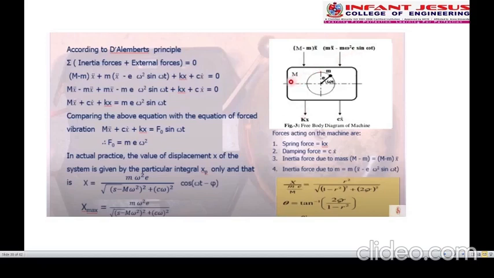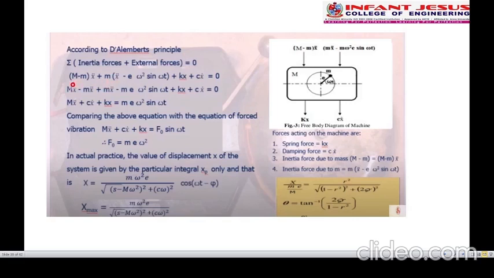Now we are going to apply D'Alembert's principle. D'Alembert's principle says the summation of the inertia force and all the external forces is equal to 0. Here you can see all the forces are in the downward direction. According to our engineering mechanics, the downward forces are taken as negative and upward forces as positive. But here we have taken all the forces as positive only, for our problem calculation.